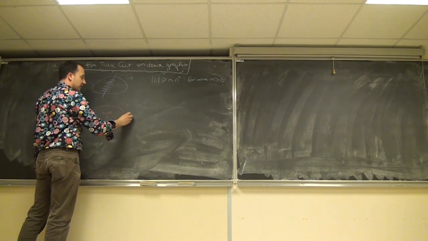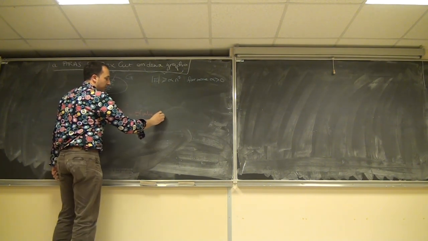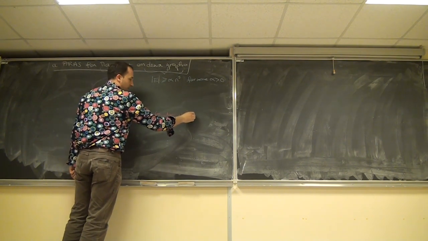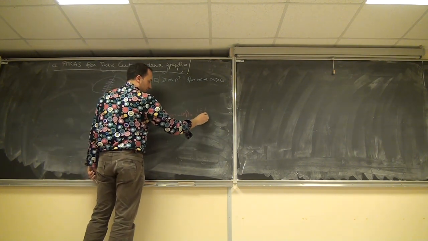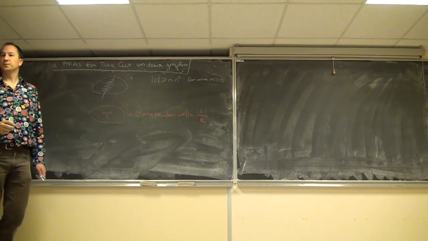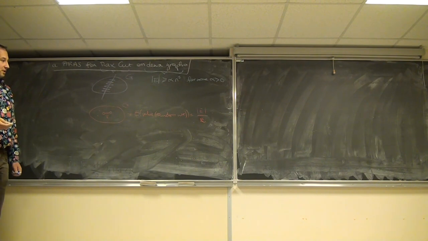So the expected value of a random cut is the number of edges over 2. What does this prove for the optimum value? We have a randomized 2-approximation.